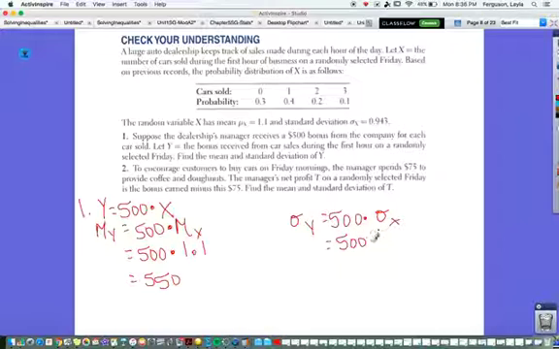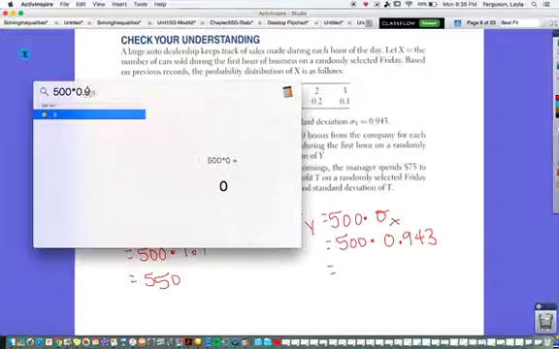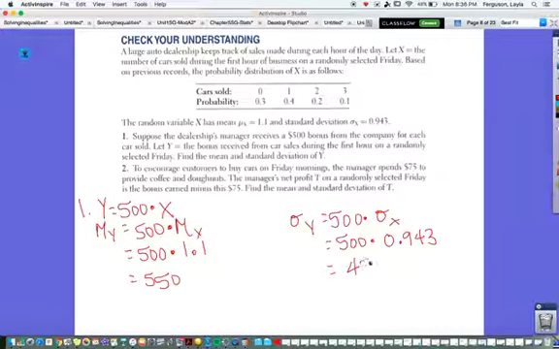The standard deviation for X is 0.943 because it gave me that in the problem above, and so I could find the answer by saying 500 times 0.943, and that gives me 471.5, and because we're talking about money, we would say $471.50.